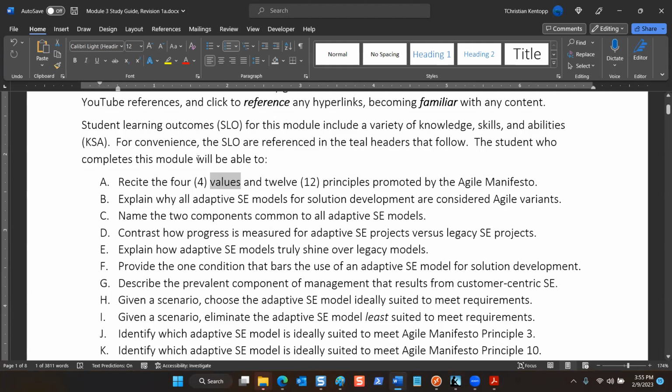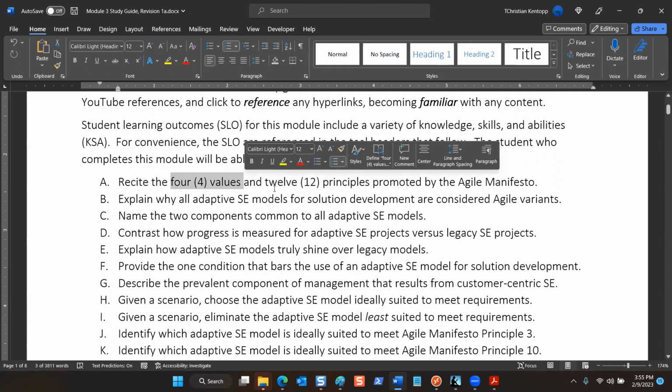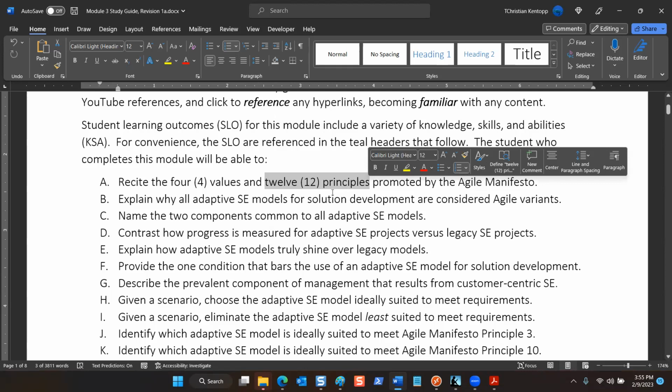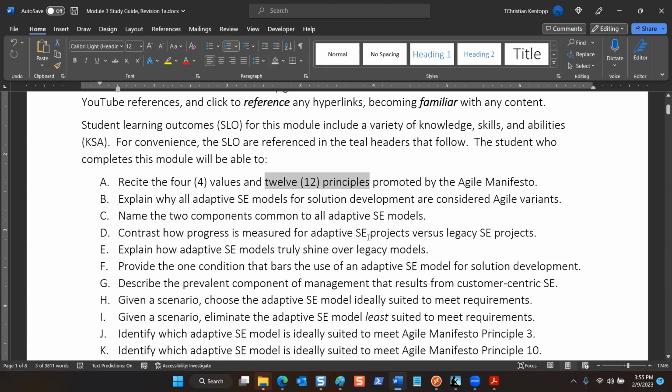So values are the guiding concepts upon which the 12 principles are built, right? So you can think of this as the foundation of the Agile house, and this is the walls and roof of the house, right? This is how we make that happen.